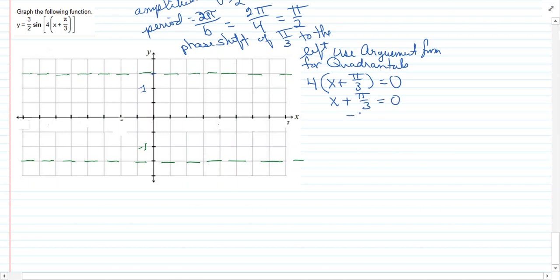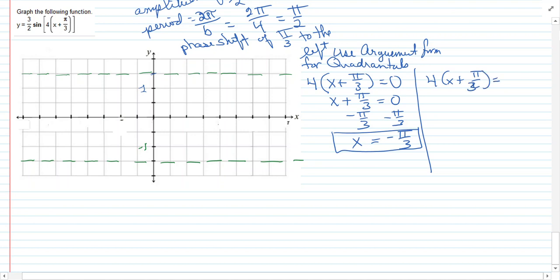And then if I subtract the pi thirds, then I have my phase shift, x equals negative pi thirds. So this is my first x value. I'm going to do my second one, 4 parenthesis x plus pi thirds, and my next one is going to be pi halves. So I'm going to divide by 4 or multiply by 1/4.